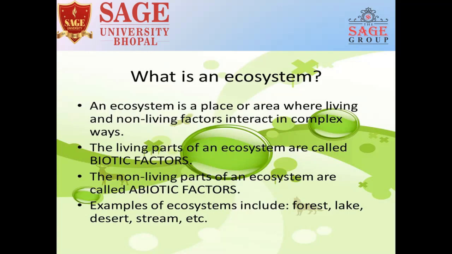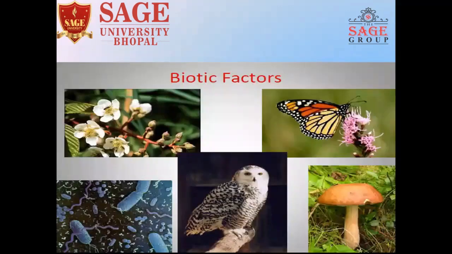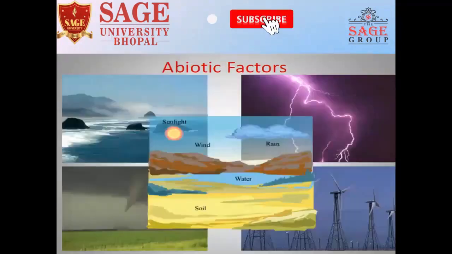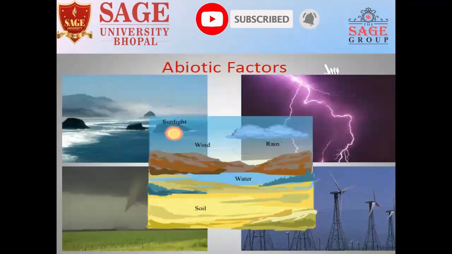Examples of ecosystems include forest, lake, desert, stream and many more. This is the biotic factor. All the living things come under the biotic factors. And this is the abiotic factors, which include sunlight, wind, rain, water and soil.